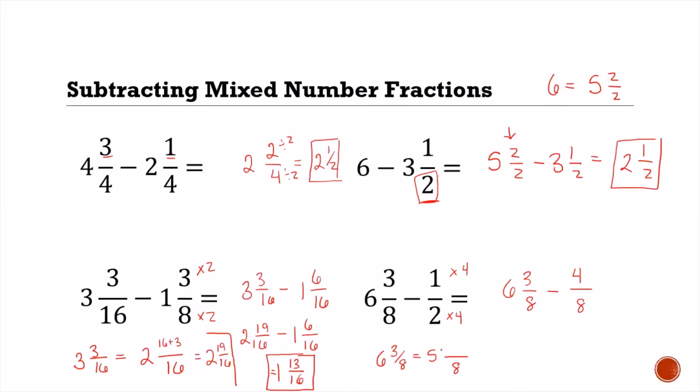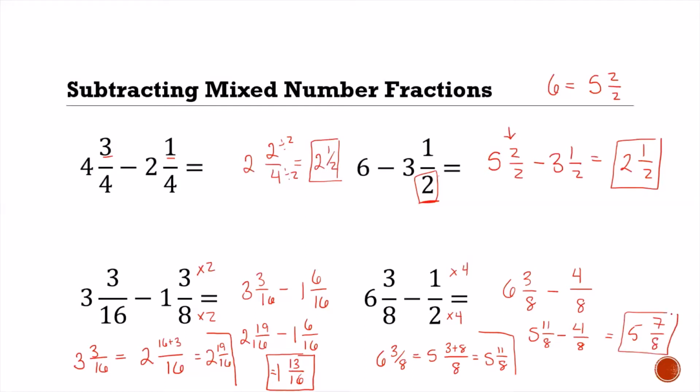Well, we took one set of 8 away to get 5, so we're going to add it back into the top. So the numerator is going to be 3 plus 8, which leaves me with 5 and 11/8. So we're going to plug that in. That'll be our new fraction that we'll use. So 6 3/8 is the same as 5 and 11/8 minus 4/8. There's no whole number to subtract, so it's just going to stay as 5. 11 minus 4 leaves me with 7/8.